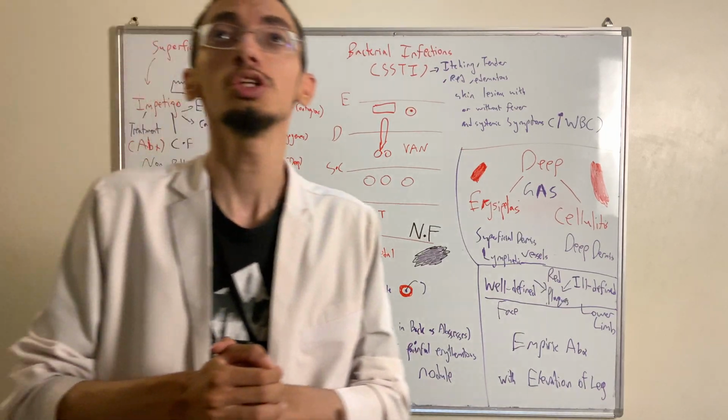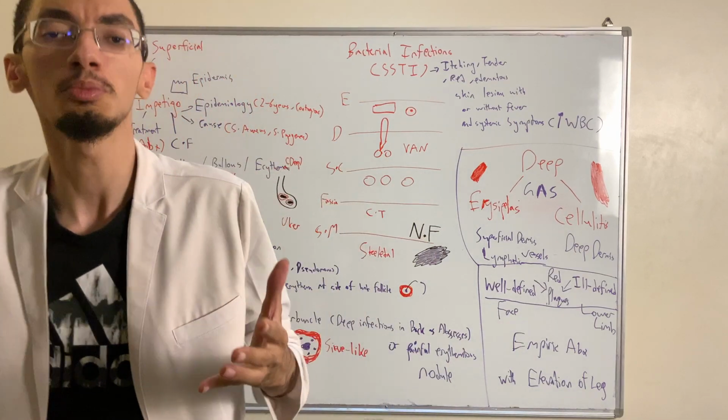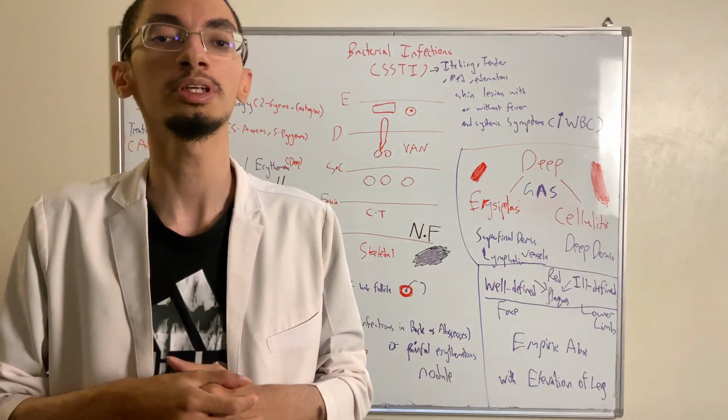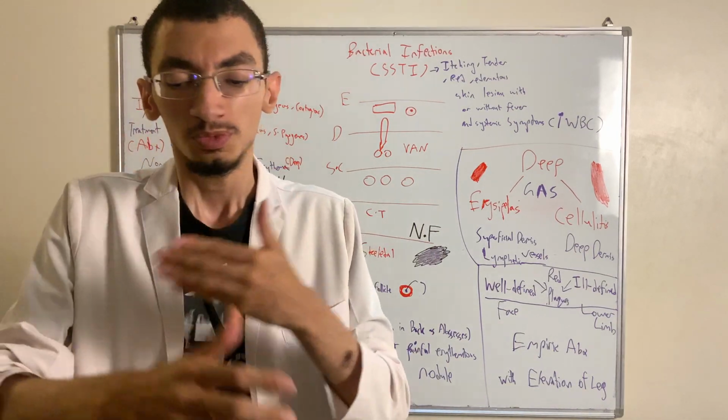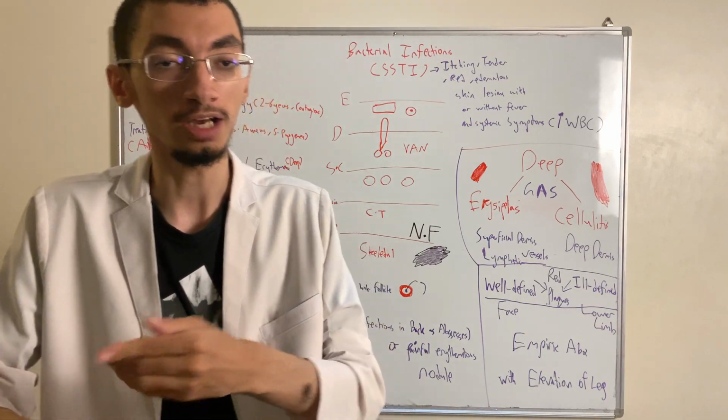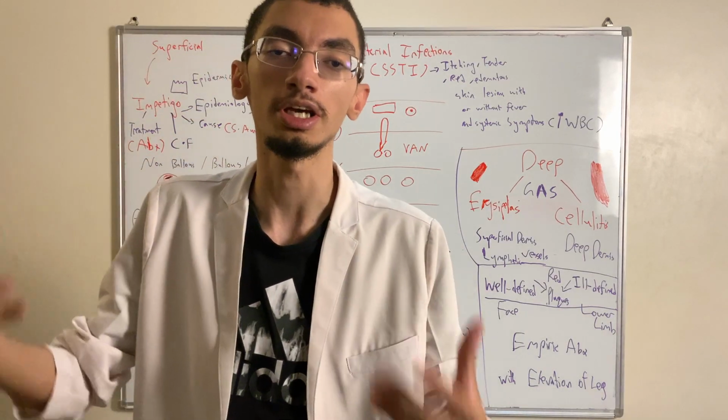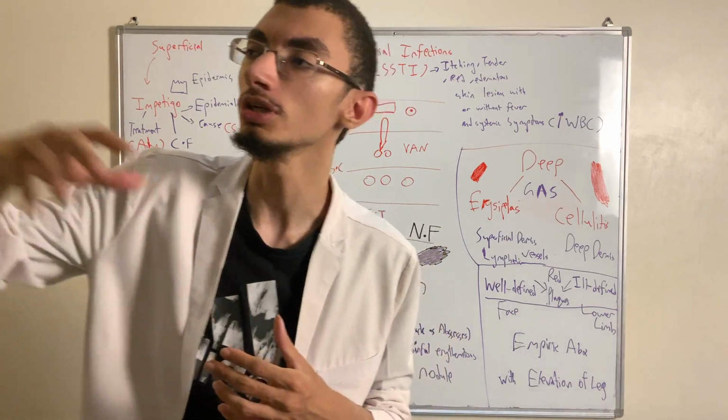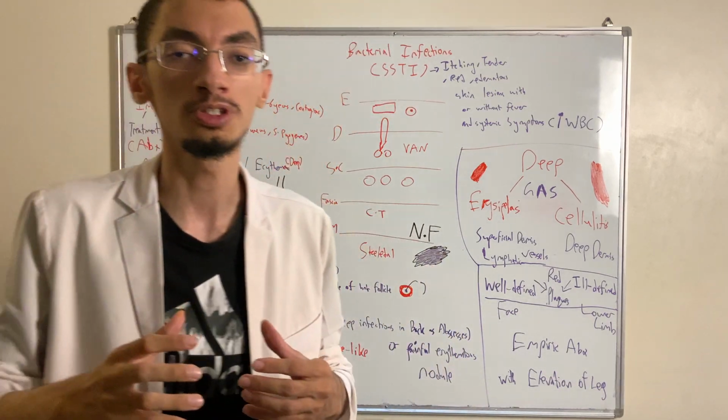Or maybe you have a secondary infection, let's say pneumonia for instance, complicated by bacteremia, and as the bacteria travel throughout the blood, they can go through the skin and cause a bacterial infection. So it could be from the outside or it could be from within.